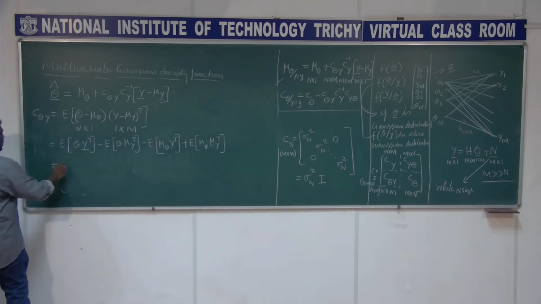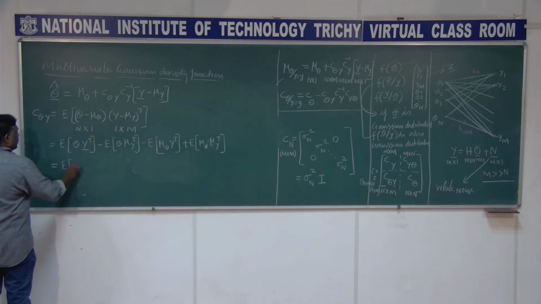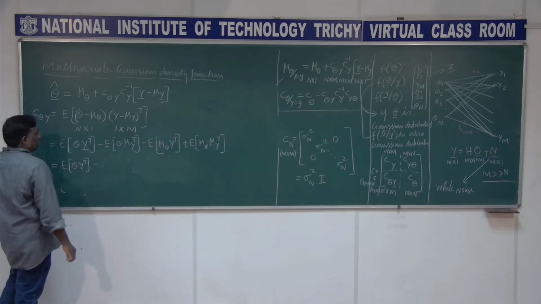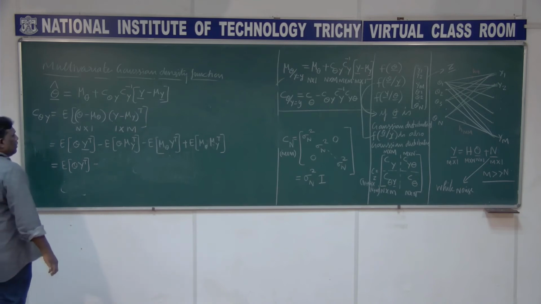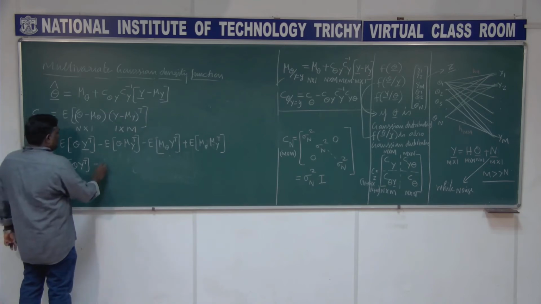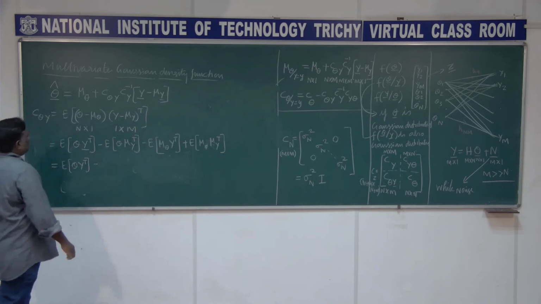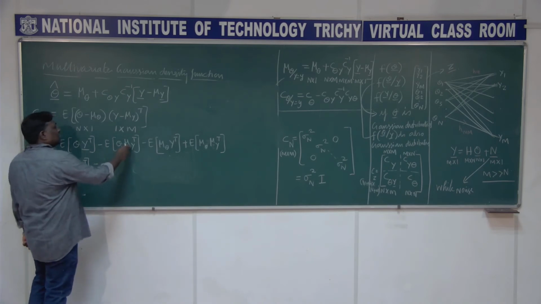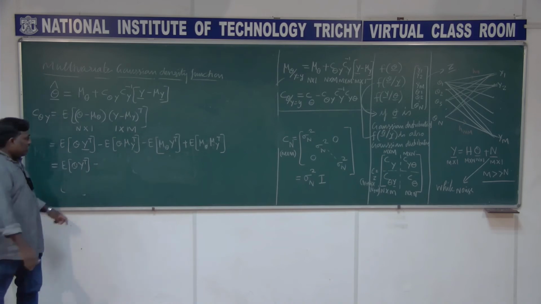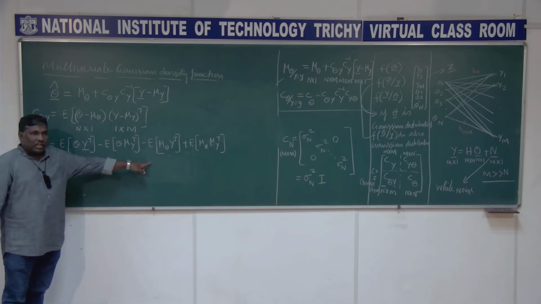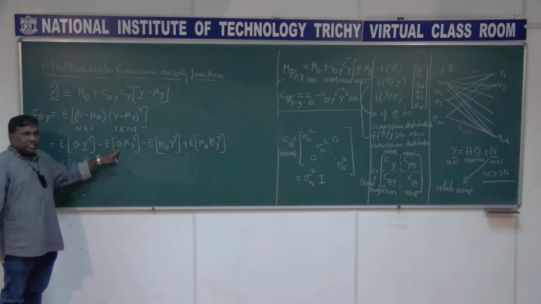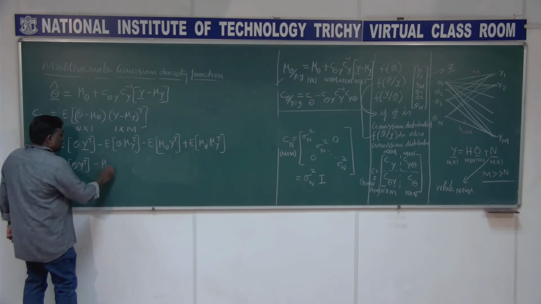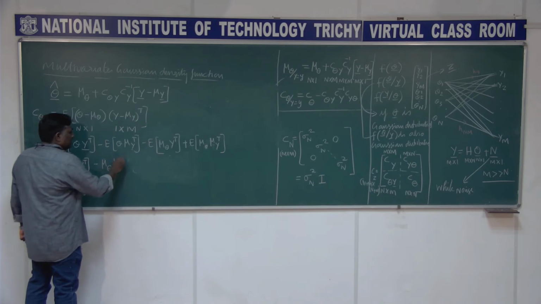The first one we can keep as it is, expectation of theta y transpose. And in the second case, you have this mu y which is constant, so I can take it outside. So expectation of theta is going to be what? Mu theta. So I'll write mu theta mu y transpose.